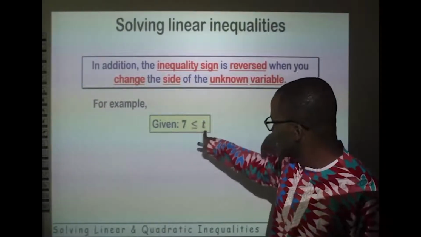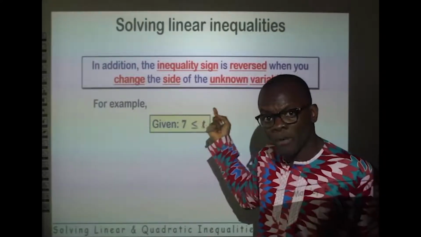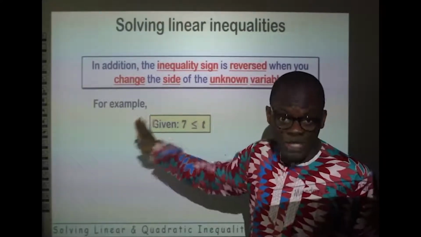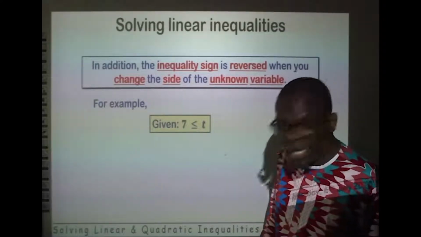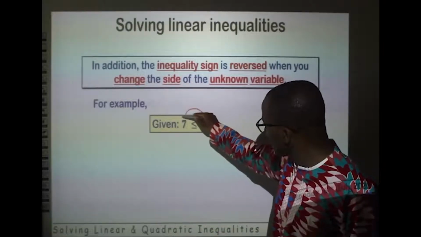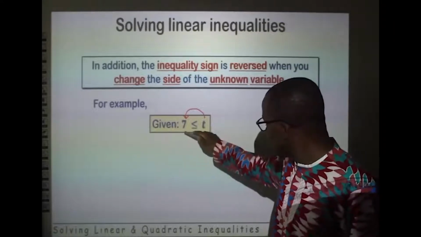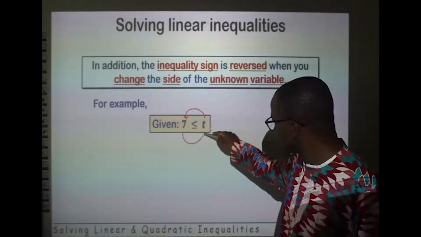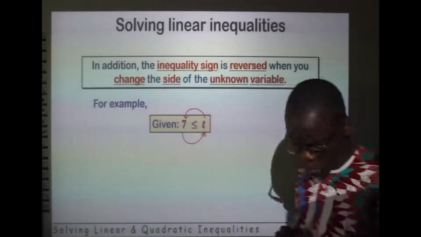But here, as you can see, the unknown is on the right hand side. So if you want to move the unknown from the right hand side to the left hand side, which is where it normally should be, that will affect the inequality sign.